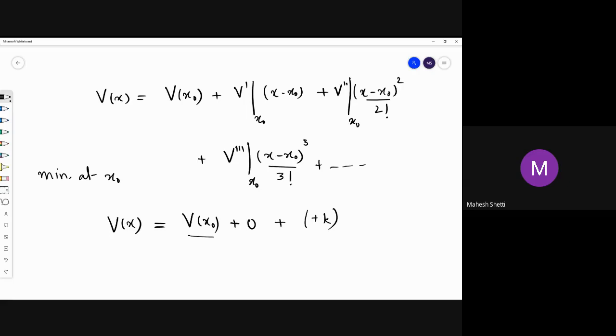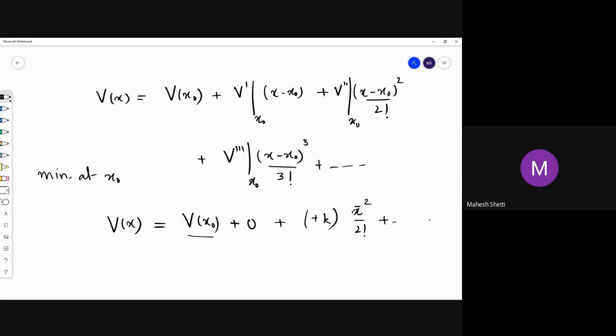Okay. And x minus x0 is the extra displacement. So that extra displacement I can write, say, as x bar, squared upon 2 factorial, and all higher terms I can write.